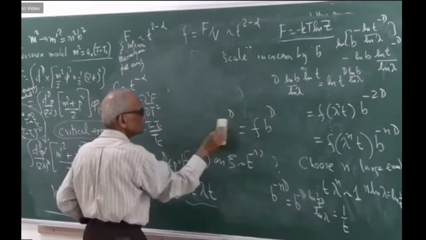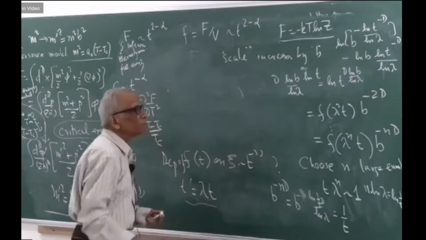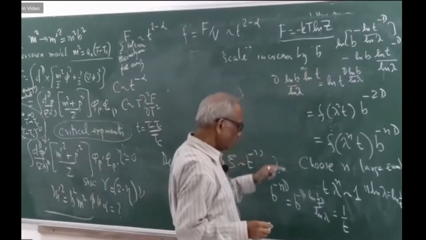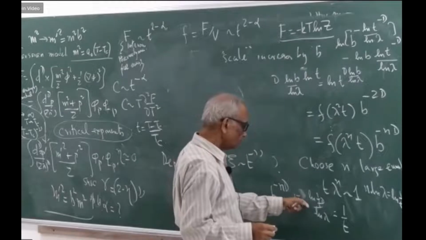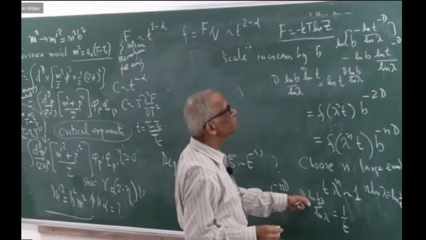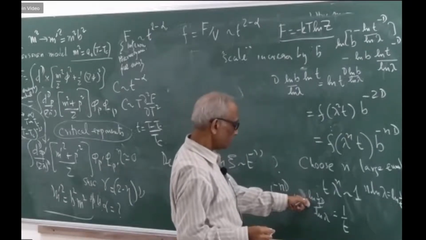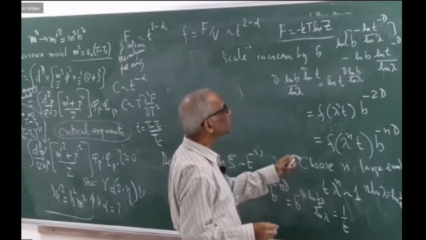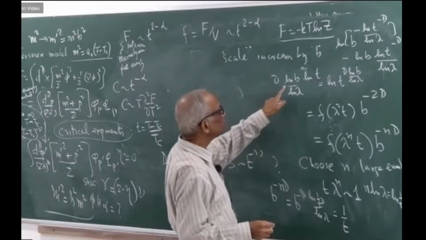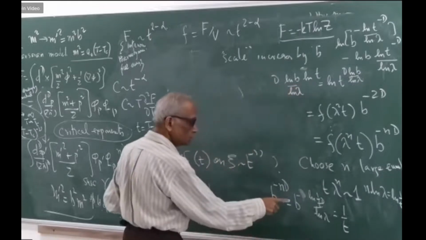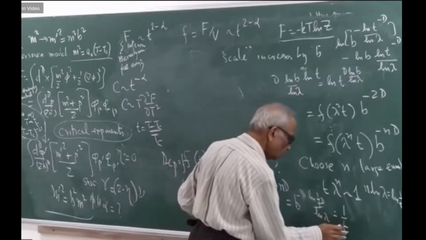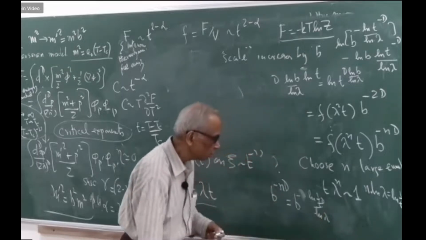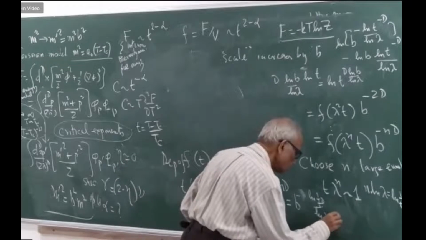It is this quantity which I'm after, b to the power minus d log t. Let me get this right, or else this is going to be a mess.